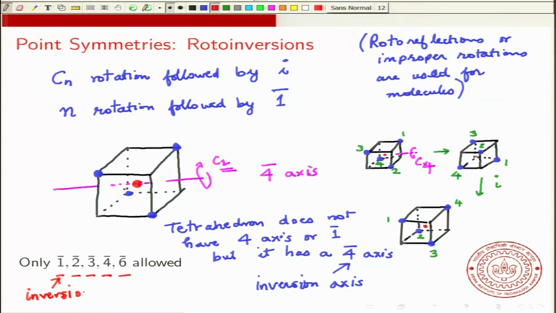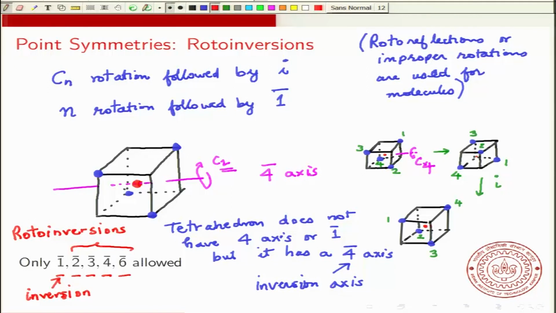So, the only roto inversion axes are 2 bar, 3 bar, 4 bar and 6 bar. These are the 4 roto inversions that are allowed.